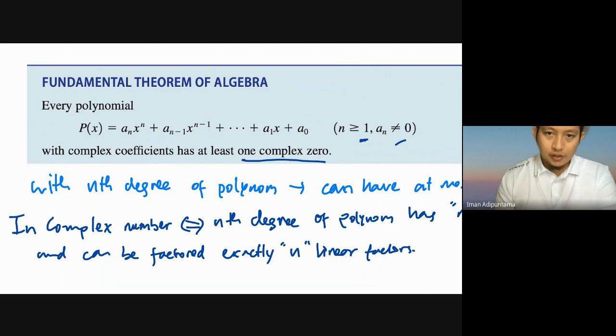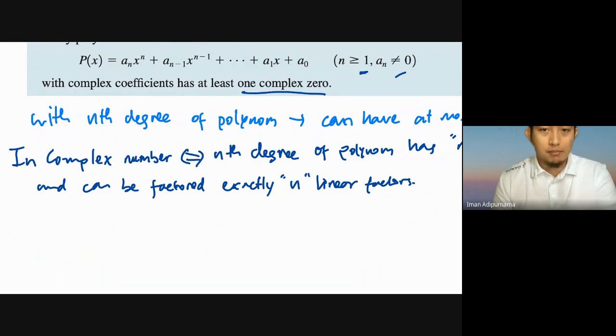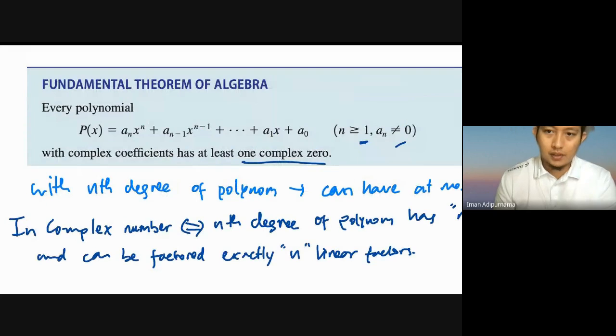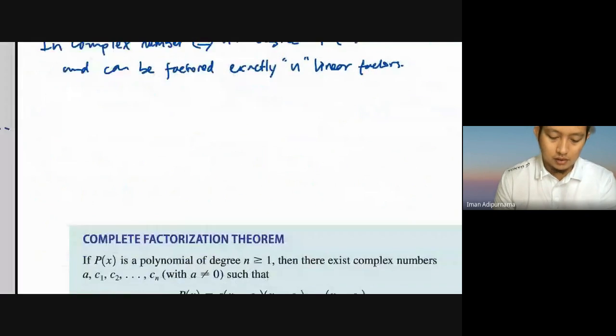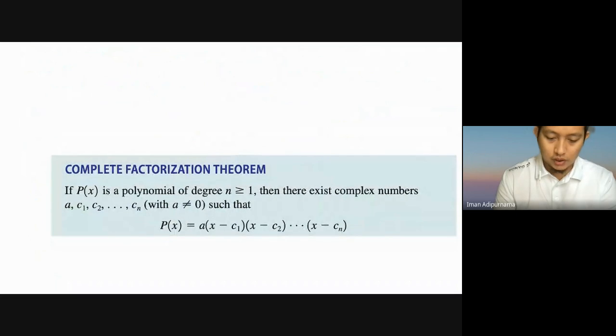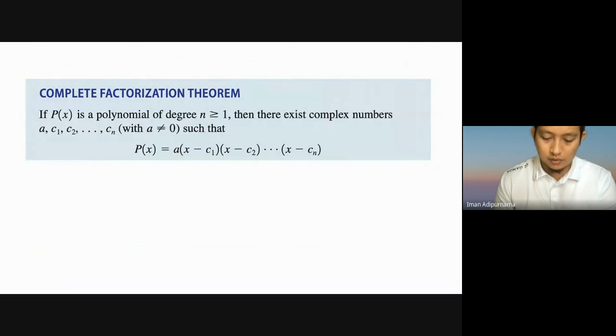Because any real number is also a complex number, as we talked about a little bit in an earlier class, the theorem applies to polynomials with real coefficients as well.